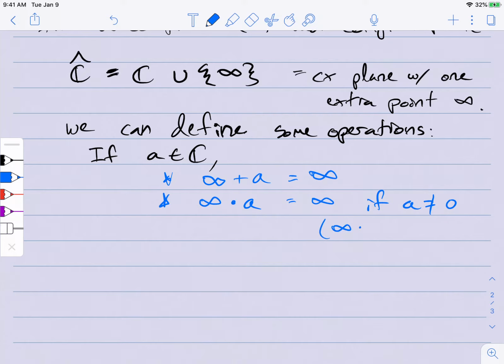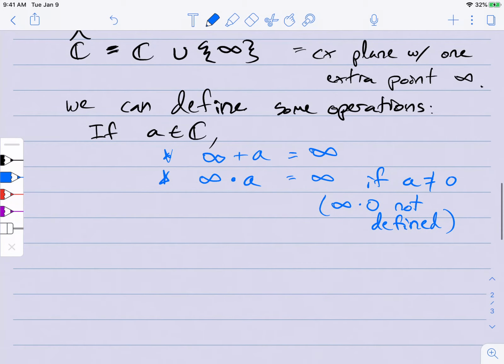So infinity times 0 is not defined. And this is one reason why we can't think of infinity as a number, because we can't define arithmetic for all complex numbers. But infinity times a non-zero number makes sense. It's just infinity.